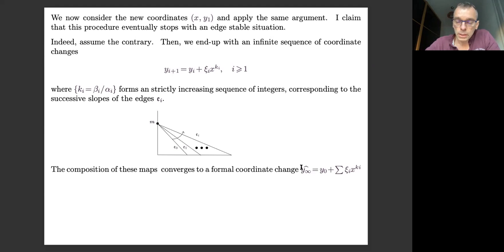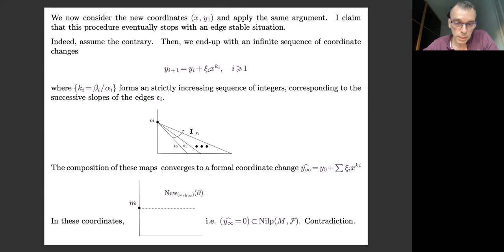But now, when you look at the Newton polygon in the new formal coordinates given by x and y infinity, since at each time the slope increases by a discrete amount, at the end the main edge of the Newton polygon should be a horizontal edge at the height of the point M. But I recall that this situation corresponds precisely to the locus given by y infinity equals 0 lying in the nilpotent locus of M. But this is a contradiction, because I supposed that the nilpotent locus is of codimension 2.